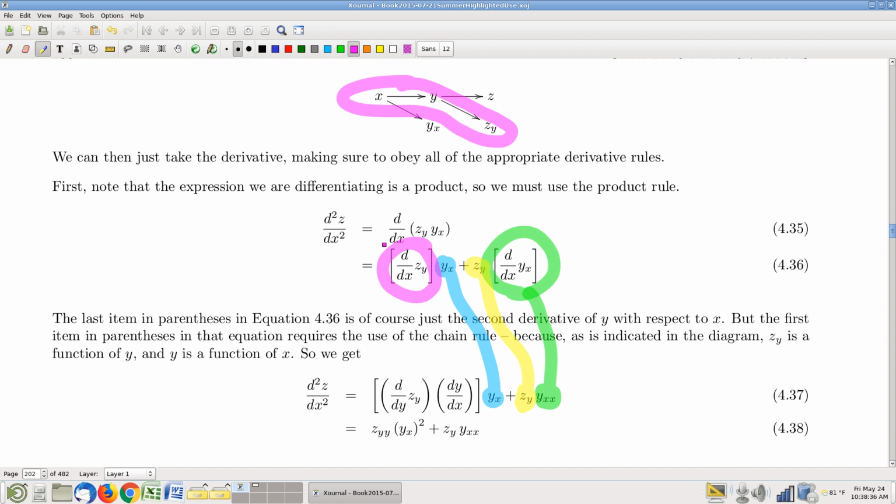The interesting calculation, the derivative of zy with respect to x, this is where we use the chain rule, and the single variable chain rule tells me this. I'm going to take the derivative of zy with respect to y, that's this first part, and then multiply by the derivative of y with respect to x.